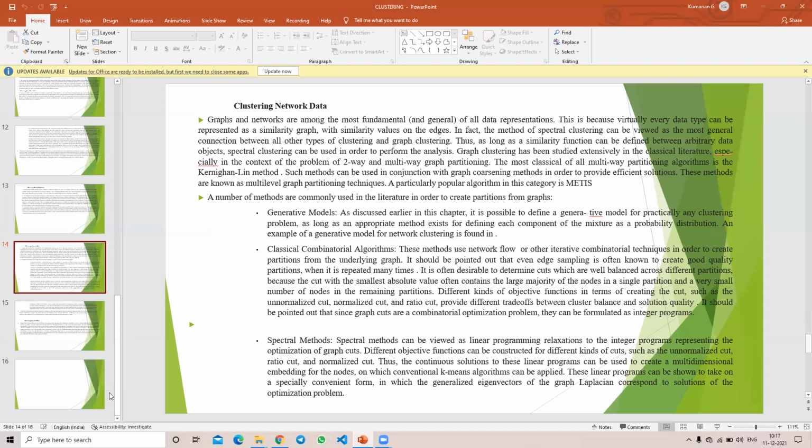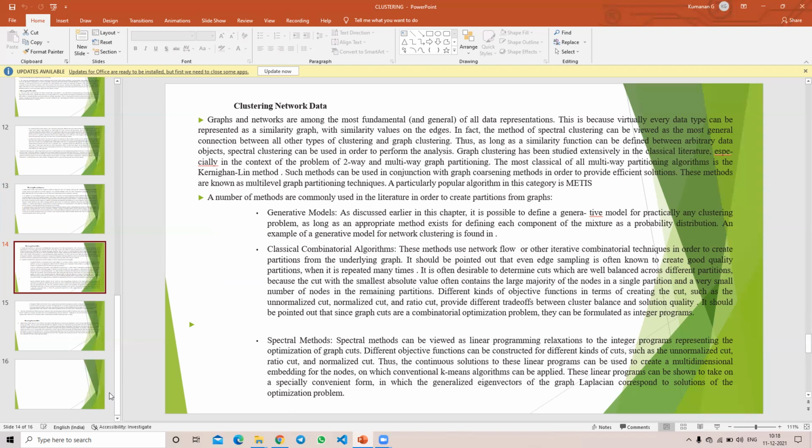Graphs and networks are among the most fundamental and general of all data representations. This is because virtually every data type can be represented as a similarity graph with the similarity values on the edges. In fact, the method of spectral clustering can be viewed as the most general connection between all the other types of clustering and graph clustering.